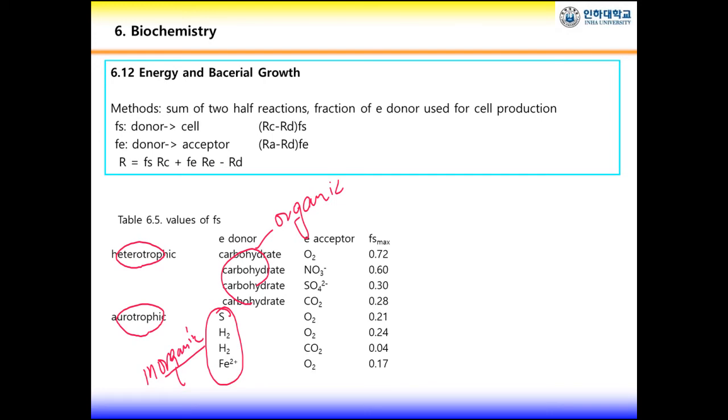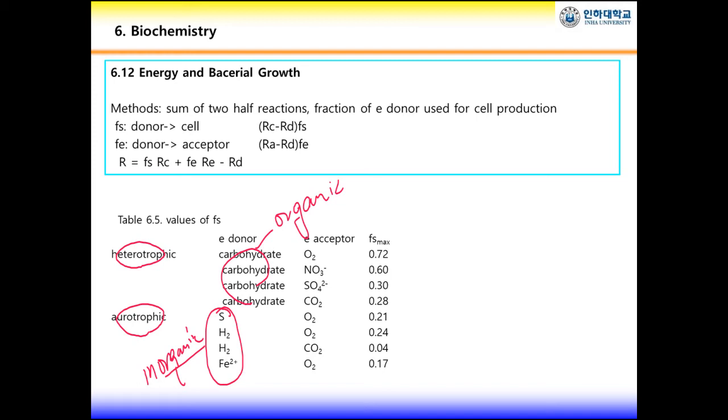So when you classify microorganisms, heterotrophs are the microorganisms that use organic material as the electron donor. The autotrophs are the ones that use inorganic material as the electron donor. So which group, heterotrophs or autotrophs, grows faster?